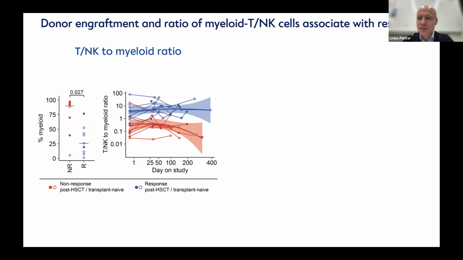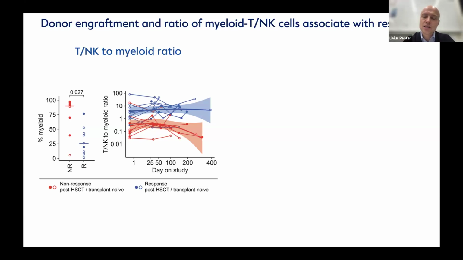Now, the difficulty with, and this is really the starting point for this project I'm presenting to you today, the difficulty with AML single-cell RNA-seq data is that there is almost no way to know what myeloid cell is a normal myeloid cell and what cell is a leukemic cell, because the transcriptional profiles of normal hematopoiesis and leukemia are very, very similar.